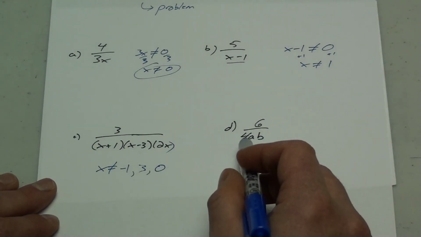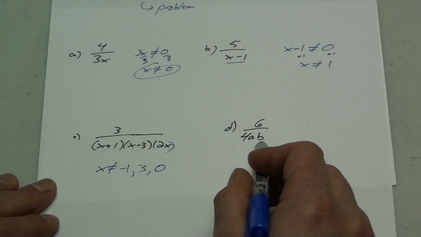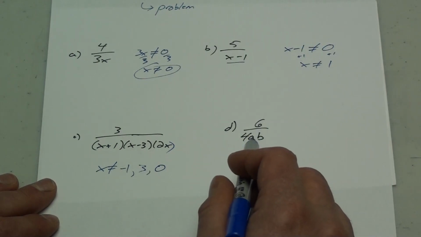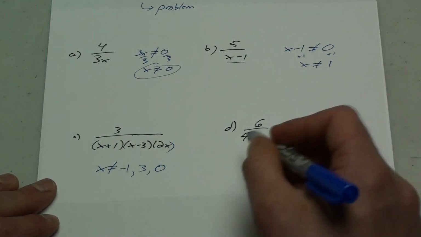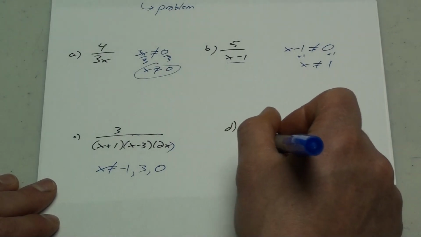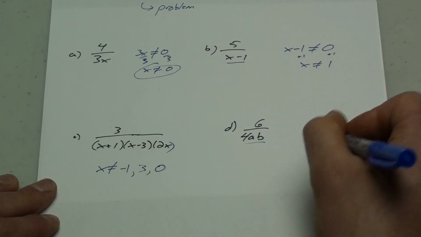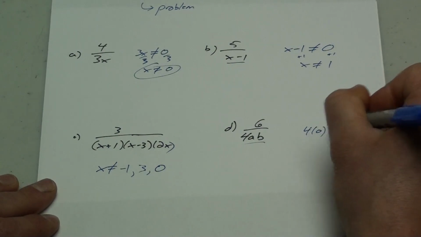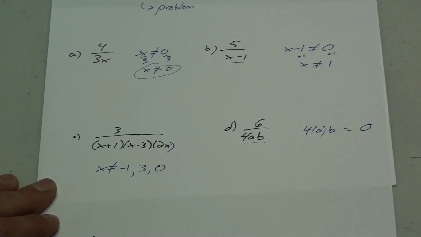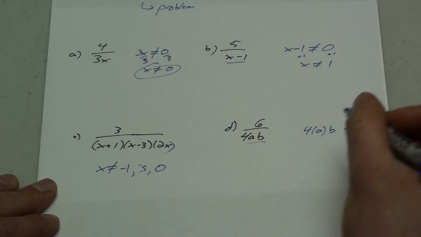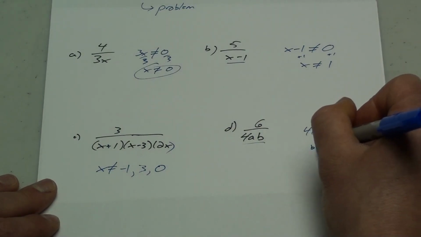If I have 6 over 4ab, that is 4 times a times b. A couple of different variables, but they're all just multiplying together. If I put a 0 in for my a, then the whole denominator would be equal to 0. That's not good. What if b equals 0?